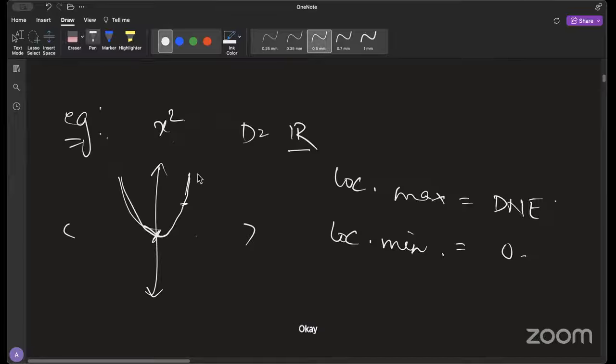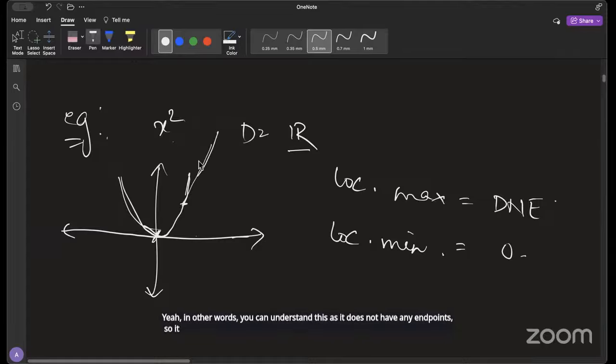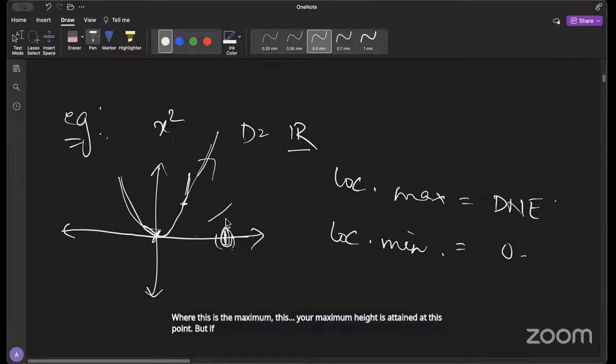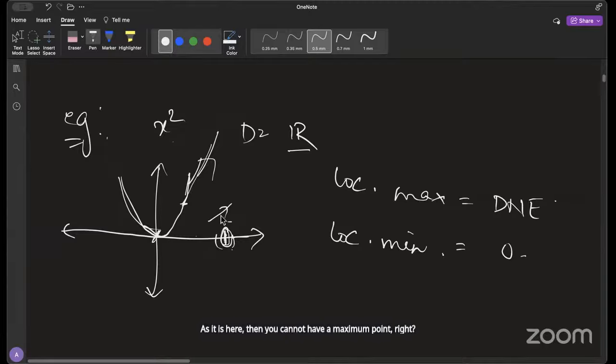It doesn't have any endpoint, so it keeps increasing. Local maxima means you need at least one interval around that point where your maximum height is attained at this point. But if it's increasing as it is here, then you cannot have a maximum point, right?